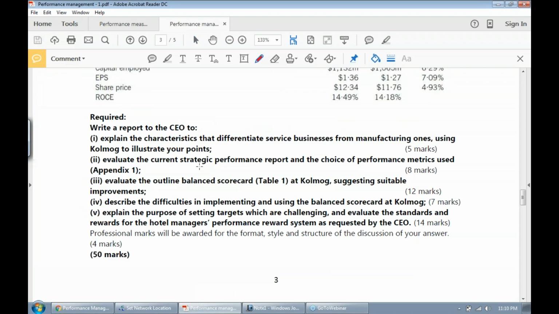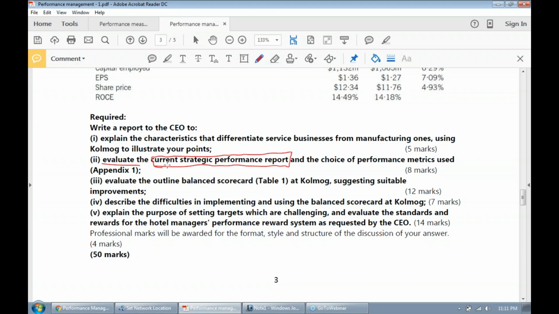All right. It says evaluate the current strategic performance. Current, you just have to evaluate the current strategic performance report. This is something which you have to evaluate.